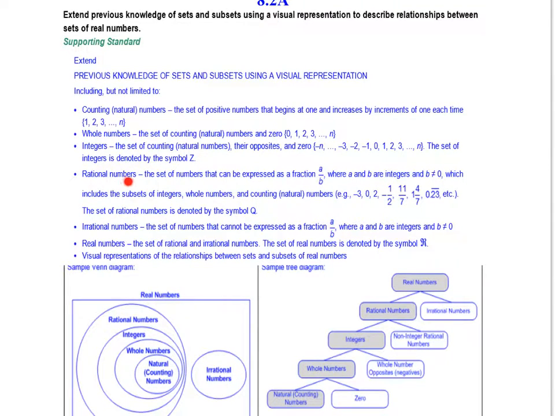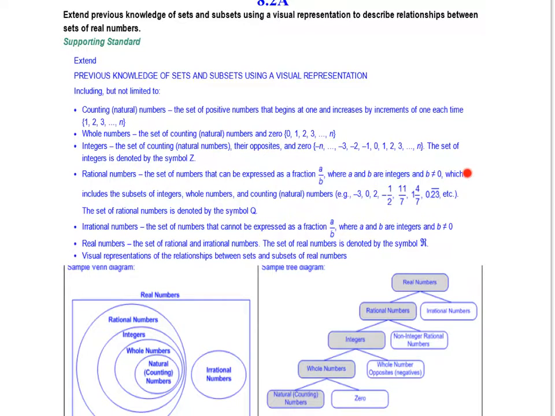Then we have rational numbers. Rational numbers are a set of numbers that can be expressed as a fraction, a over b, or a divided by b, where a and b are integers and b is not equal to 0. The reason being, if b was 0, we can't divide by 0 without it being undefined.